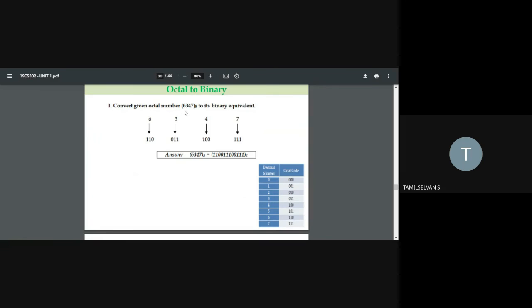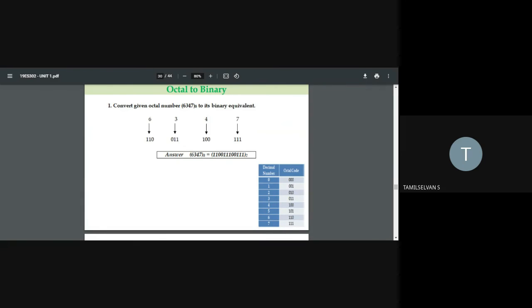The octal number in terms of binary is 3 bits, so I can easily identify the 3-bit binary value for each octal digit. Octal 6 is 110, octal 3 is 011, octal 4 is 100, and octal 7 is 111.